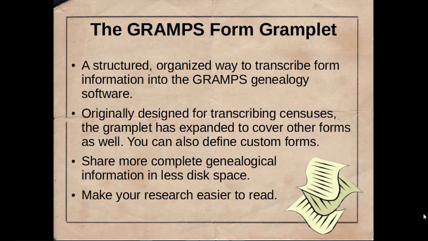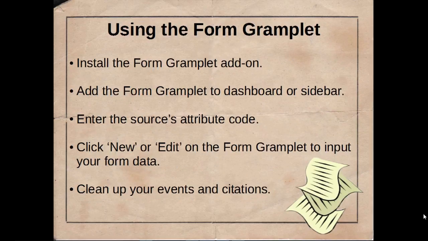What is the itinerary? Here it is, the itinerary for this video. We're going to install the forms Gramplet add-on. We're going to add the forms Gramplet add-on to the dashboard or a sidebar. We're going to enter the source's attribution code. That's how you activate a source for use in the forms Gramplet.